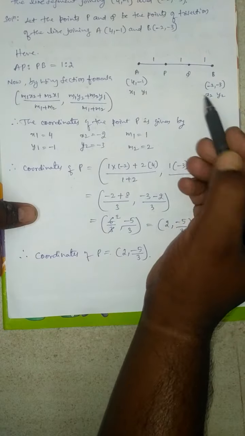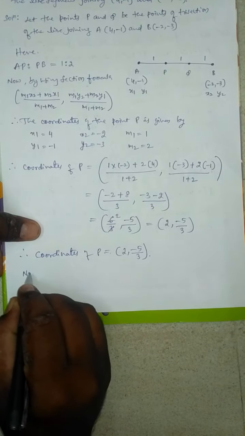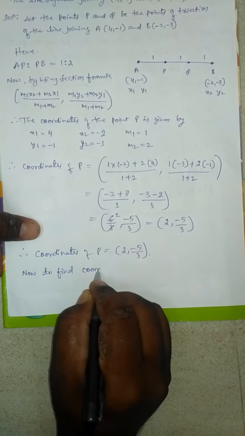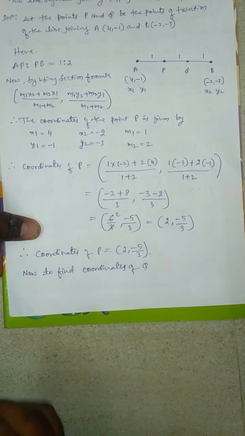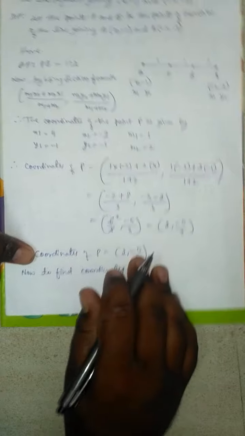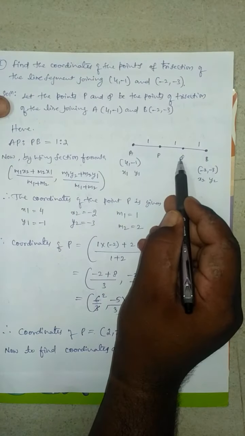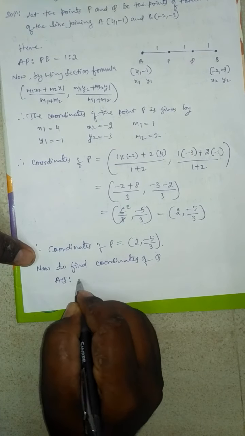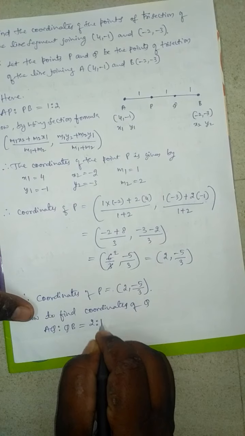Now to find the coordinates of Q, what do we have to consider? We have to consider the ratio of AQ and QB. So here AQ is to QB is equal to, AQ is 1 plus 1, that is 2 units, 2 is to 1.